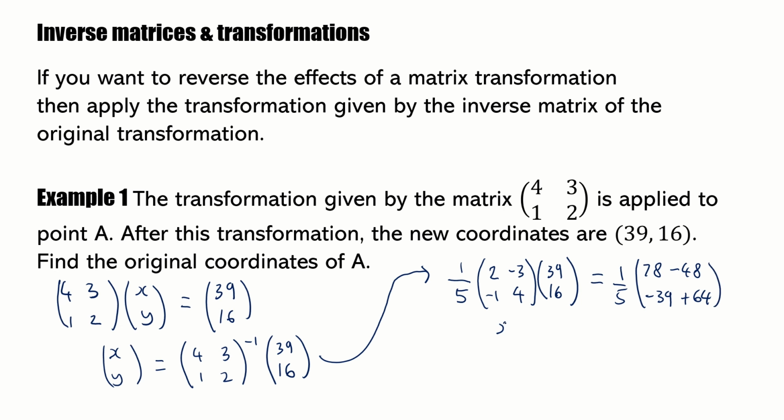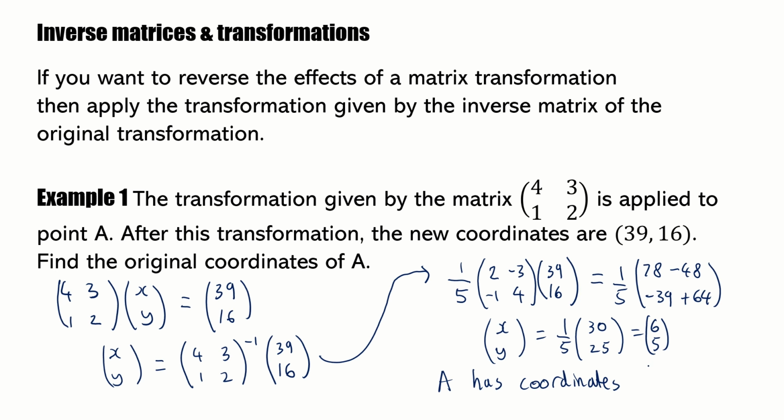And that means x, y will equal 1/5 of 30, 25, which is of course just 6, 5. So therefore, the point A has coordinates 6, 5, making sure we're writing them actually as coordinates at the end, as that's specifically what the question asked for.